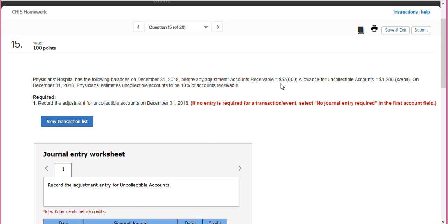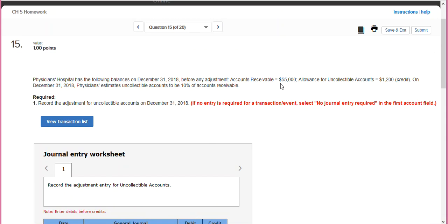So the balance in the allowance account actually serves to decrease the value of accounts receivable by offsetting it by the uncollectible amount. So we have accounts receivable of $55,000, and that should be offset by an allowance for uncollectible accounts that should have a balance of $5,500. That's a credit. So that credit balance in the allowance account offsets the debit balance in the accounts receivable account.